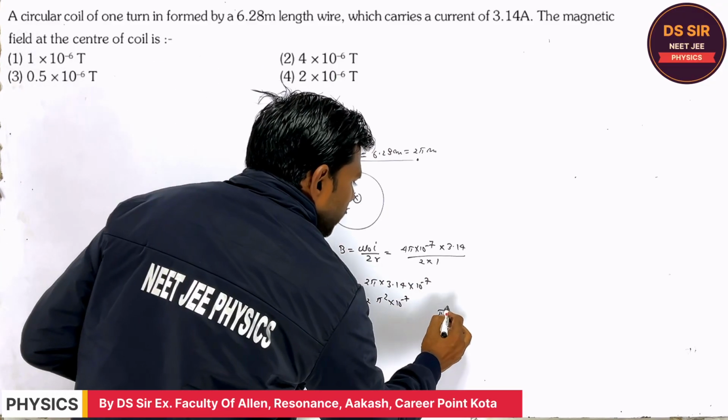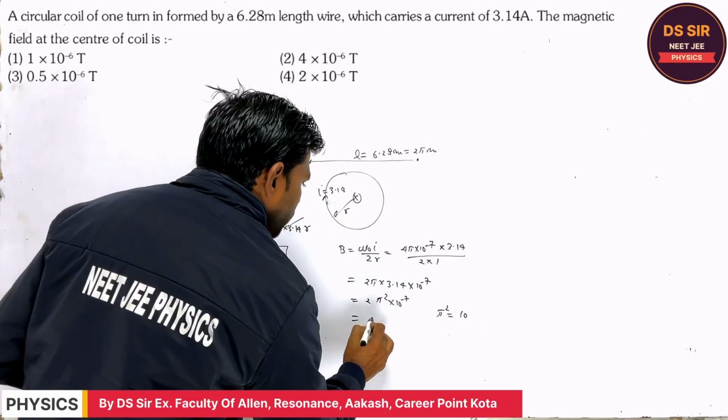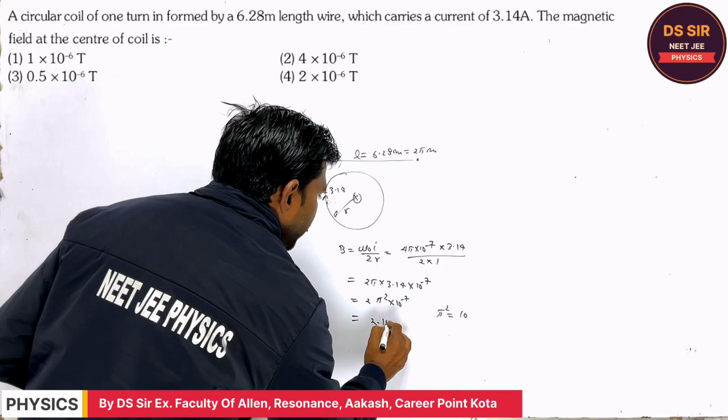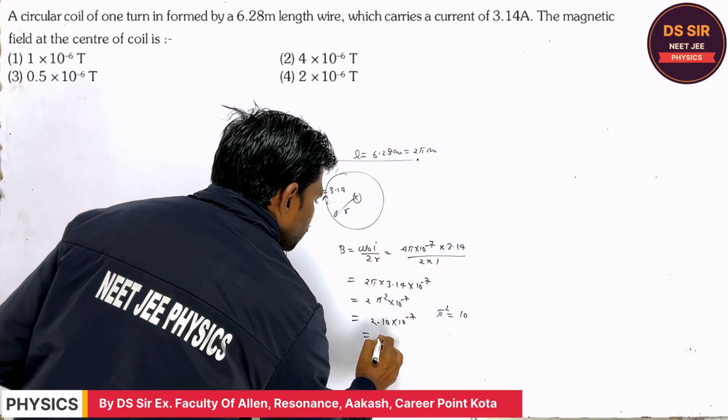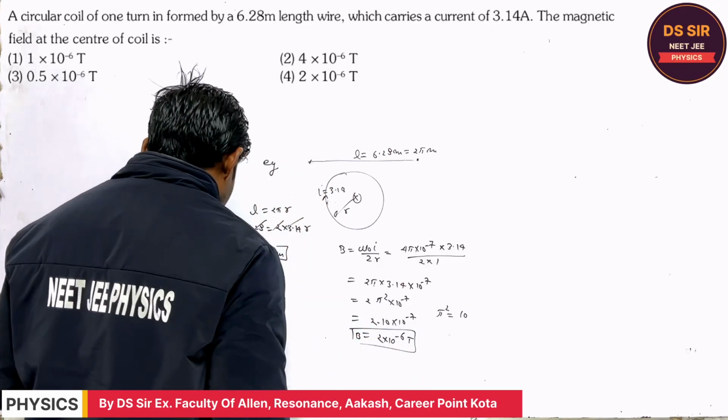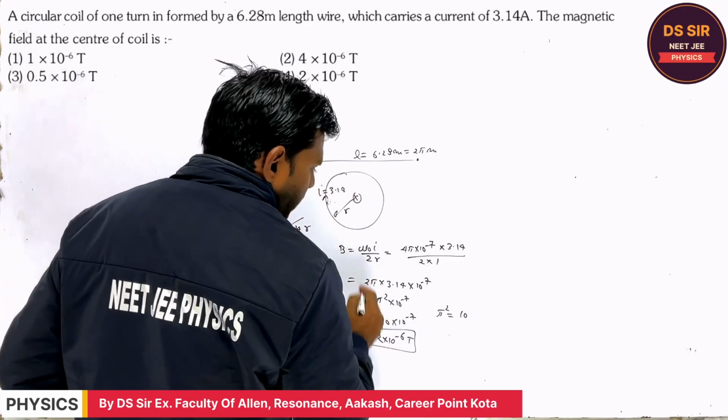And pi square is approximately 10. So it is 2 into 10 into 10 to the power minus 7, which is 2 into 10 to the power minus 6 Tesla, right? So the fourth option is the correct option.